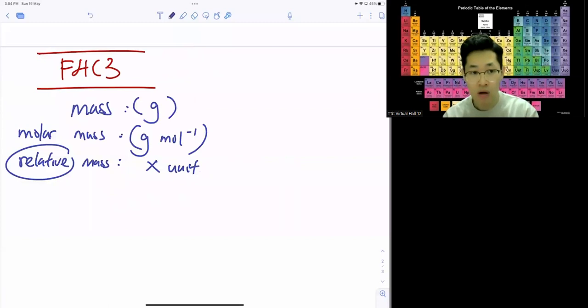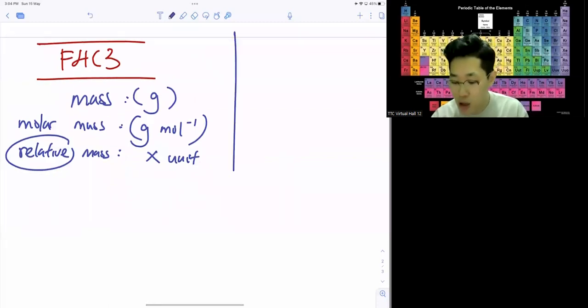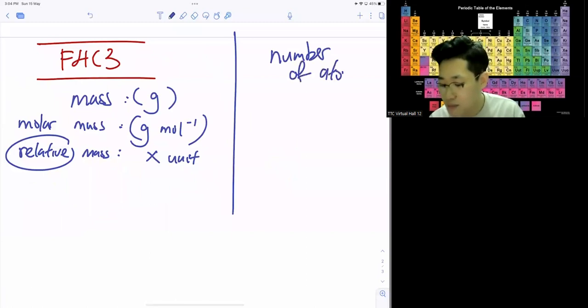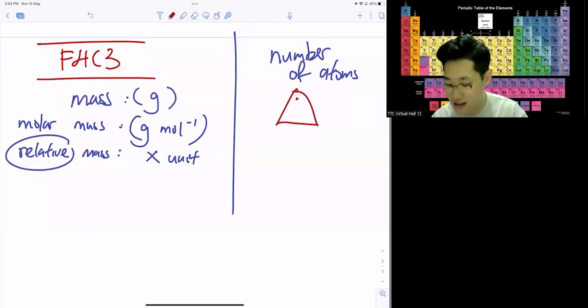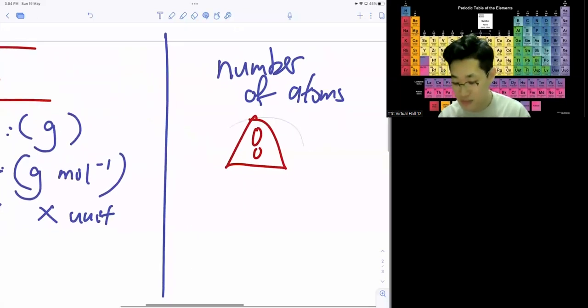Maybe just now, when the question wants to calculate the number of atoms, I have to be very careful. Why be careful?